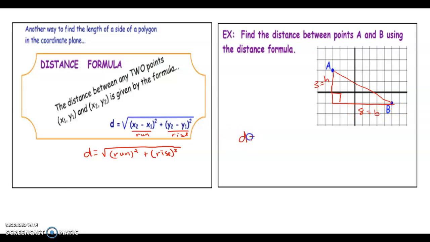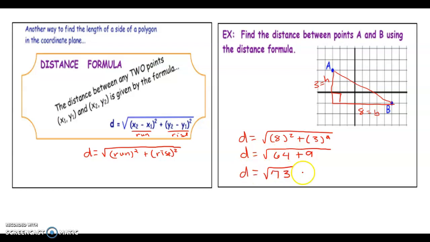My distance at this point, it doesn't matter if I do the 8 first or the 3, but I'll put it in as my run plus my rise, square root of, I have to keep everything under the root. So now this is the square root of 73, which does not simplify, and this is exact, or is approximately 8.5 units.